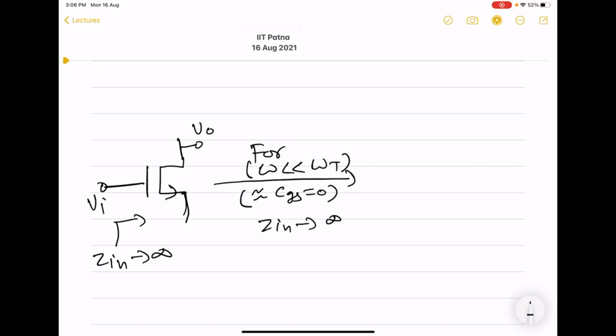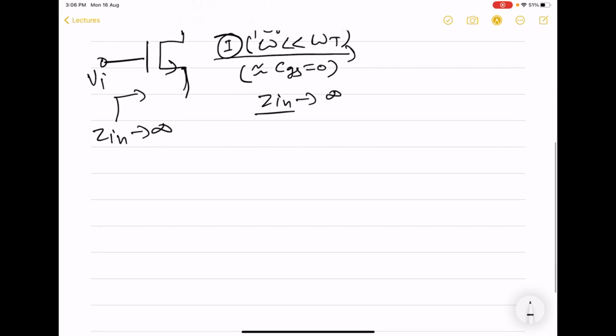So how to make Z in real and maybe finite? So for this case 1 where operating frequency omega is much less than omega t, there are two ways in which we can make Z in real.